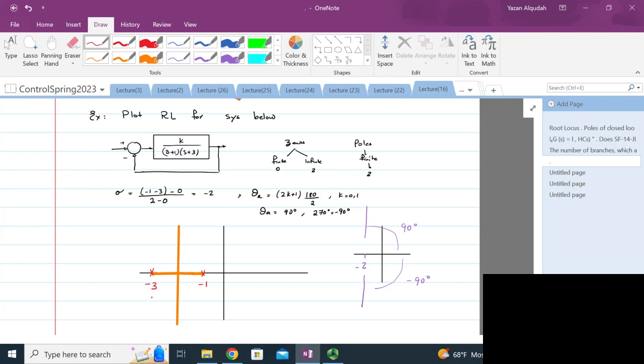I felt like somebody might have got confused with that thing, so I put it on the side. Otherwise, I would not have plotted this. I would just have come directly here and said, okay, this is asymptote, this is asymptote. They're meeting at this point, and I would have connected it. Make sense? And again, you won't have to do this when you're plotting the root locus. But visually, in the back of your mind, this is how it looks, so you apply it here.